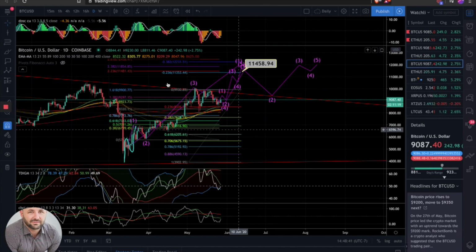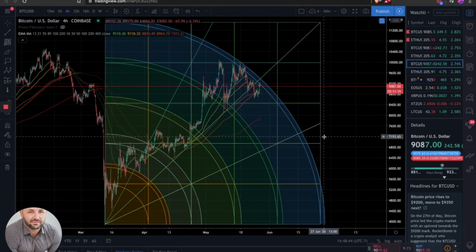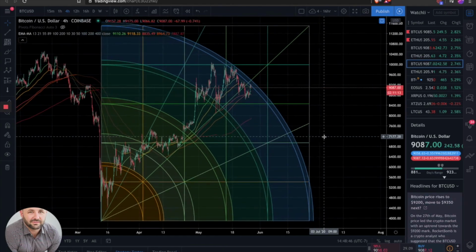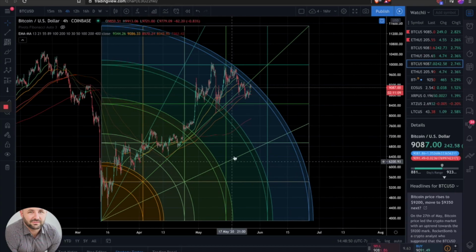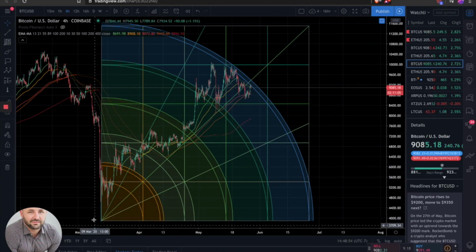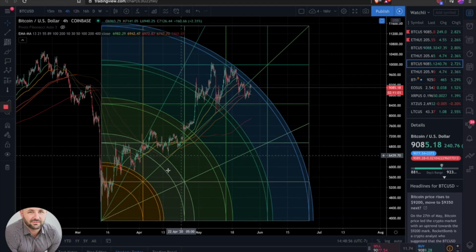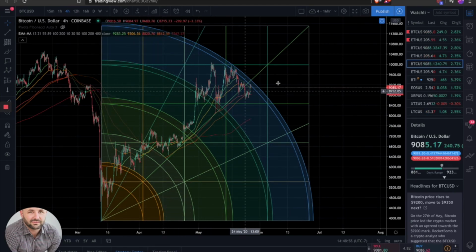So let's look at the 4-hour real quick. And for those of you that play around with some of the GANN technical analysis, this one has actually played out pretty well for this overall move up. We've really found this 45-degree trend line to support the entire way.